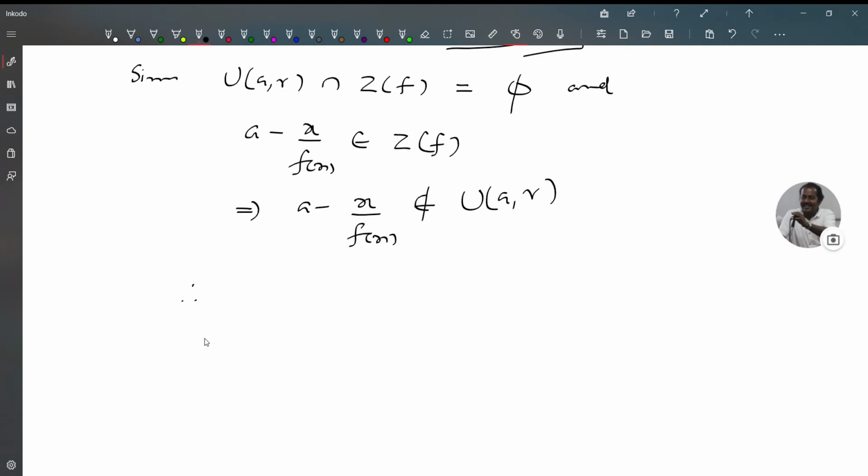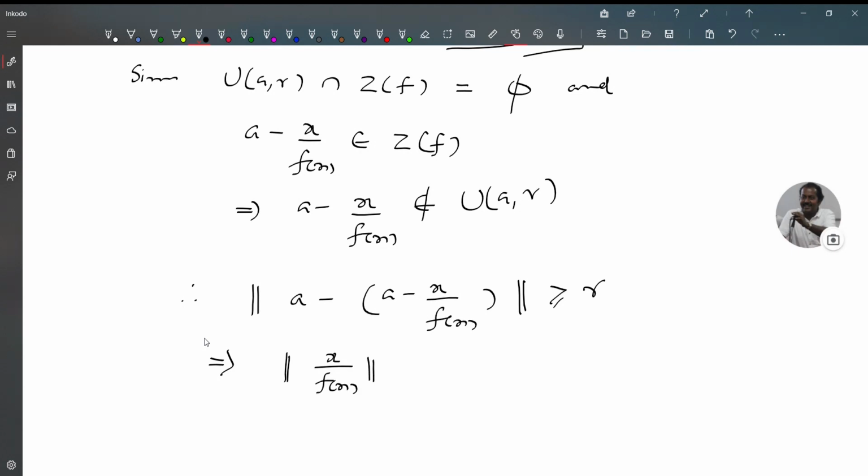Therefore, norm of x by f of x is greater than or equal to r, because a minus x by f of x does not belong to U(a, r), which implies the distance between a and a minus x by f of x is greater than or equal to r.